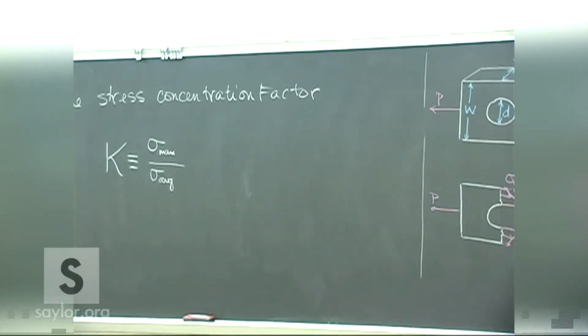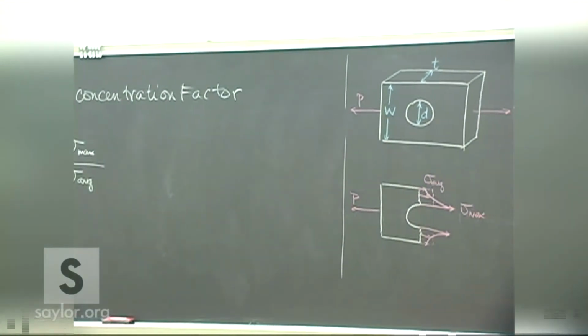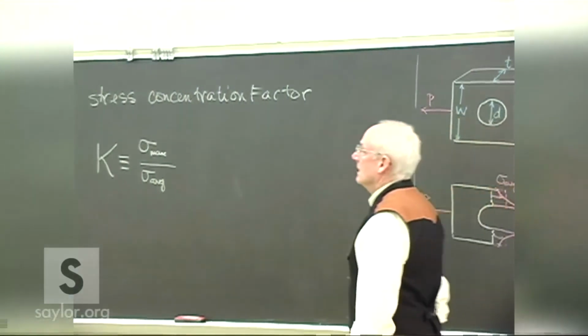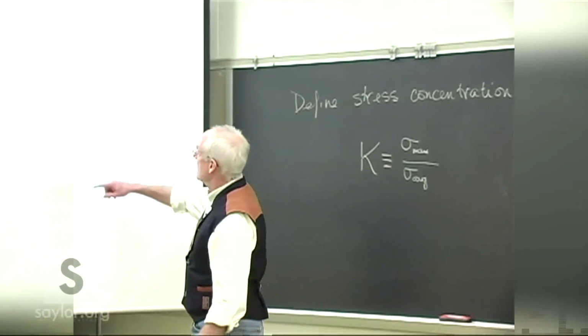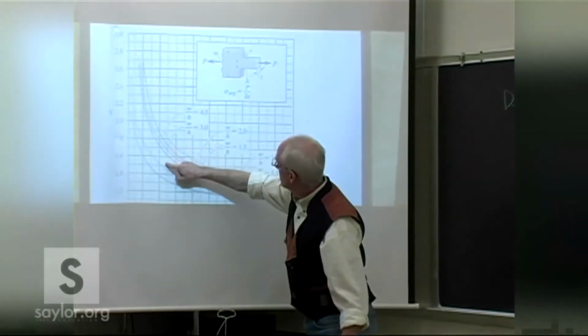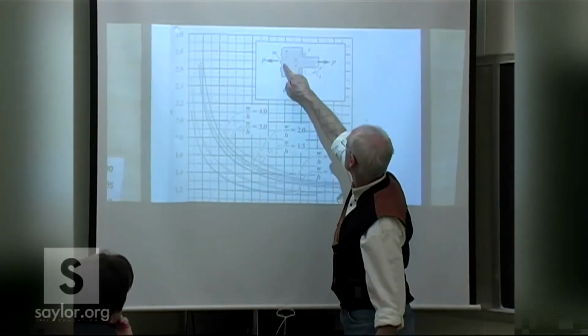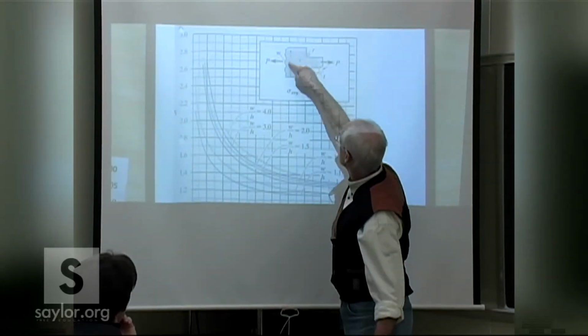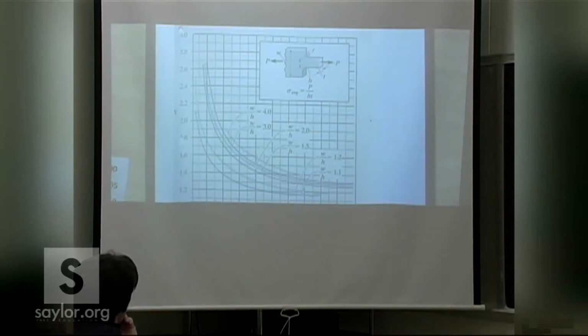And of course, for the other geometry I've got up there, there's the same type of thing. We have multiple curves that have to do with this H over W ratio, the minimum width compared to the maximum width.